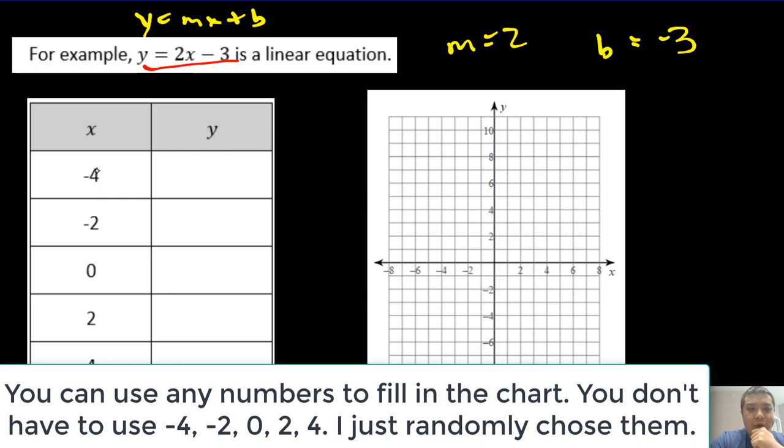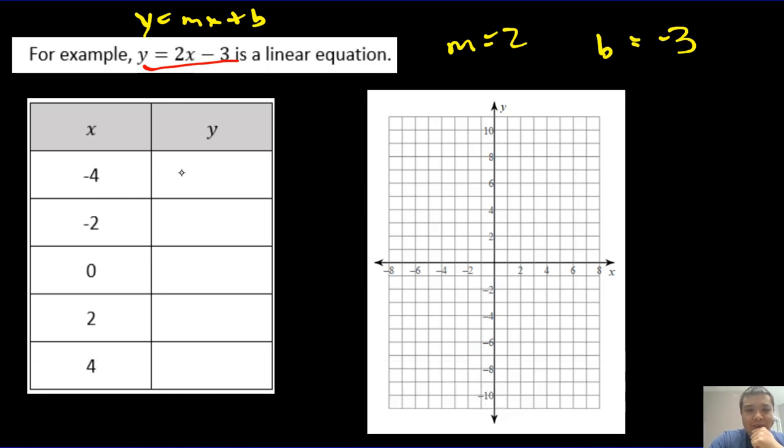2 times negative 4 minus 3 is negative 11. Negative 2 times 2 minus 3 is, so negative 4 minus 3 is negative 7. 0 times 2 is 0. 0 minus 3 is negative 3. 2 times 2 minus 3 is 1. 2 times 4 minus 3 is 5.